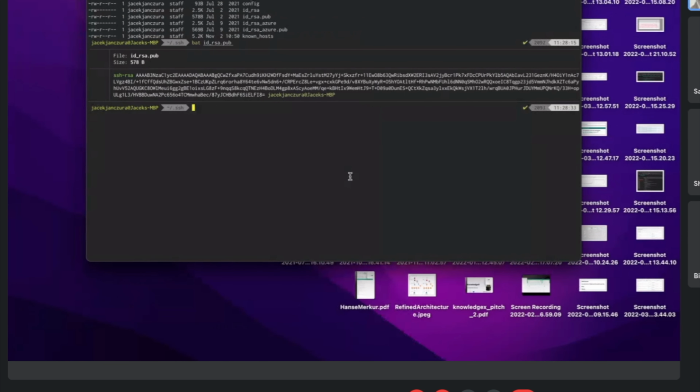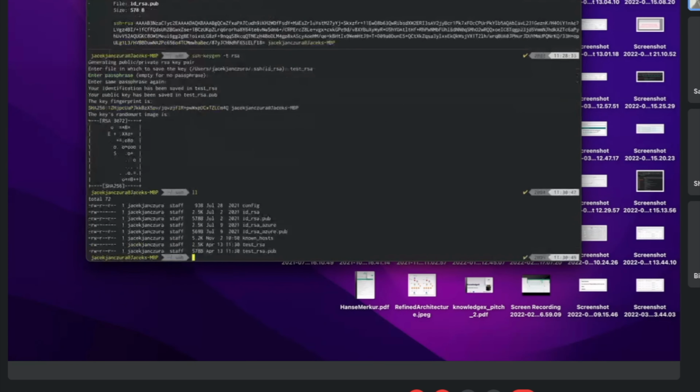Do you get it? Or let's create some keys. Test_RSA, something like that. Okay, I created those two keys, and now I can share them with you.